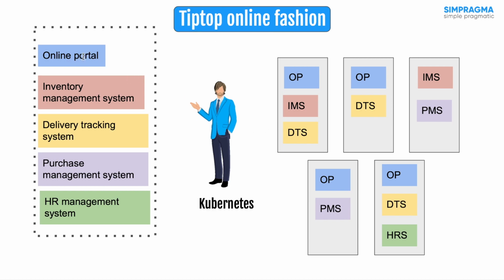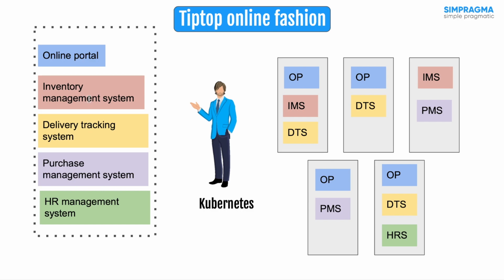We have these enterprise applications that are required for smooth functioning of our business. The first and most important one is the online web portal, where customers go online and shop. Then we have an inventory management system to make sure that we have enough product to give when customers buy them.